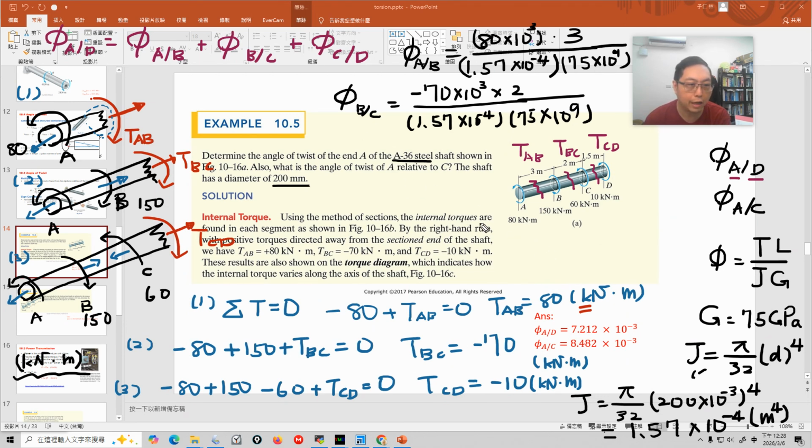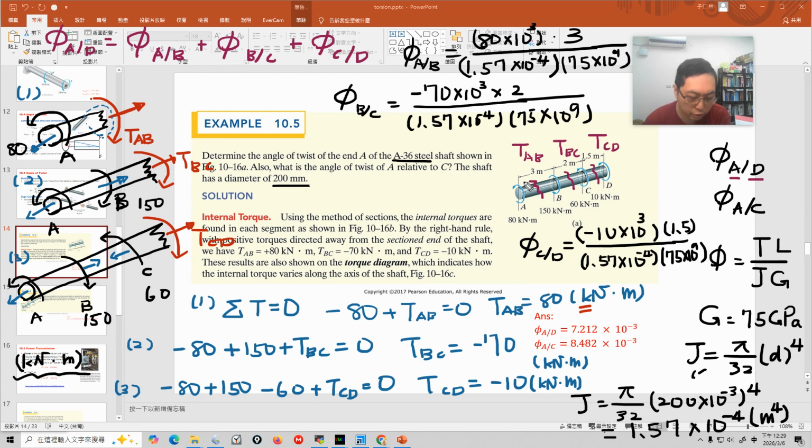Torque CD is minus 10 times 10 to the power 3. The length in the CD section is 1.5, with the same polar moment of inertia J, and G is 75 times 10 to the power 9. So we have all the information, and we can calculate the value.